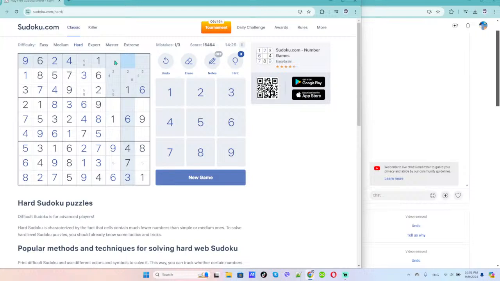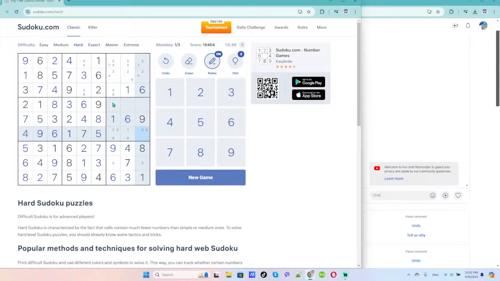I'm talking about 3, 5, 8, and 7. We know that 7 can be placed either here or here. Okay, so I can place 8 here and here as candidates. Place here and here number 3 and number 2 in all of these cells.